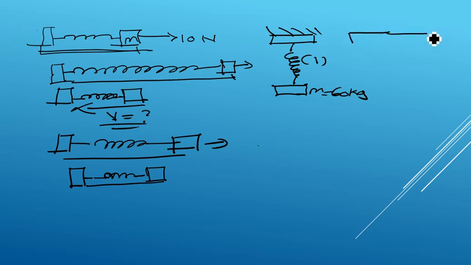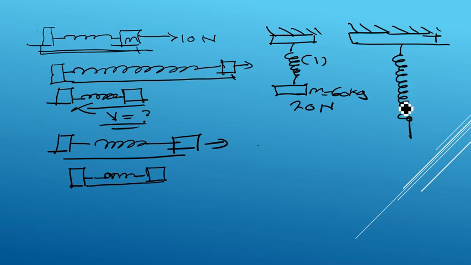You discover that if at all you apply a force on this object of, let's say, 20 newtons, then of course we expect this thing to compress in this direction. But then you discover that the difference between the two is simply their length.